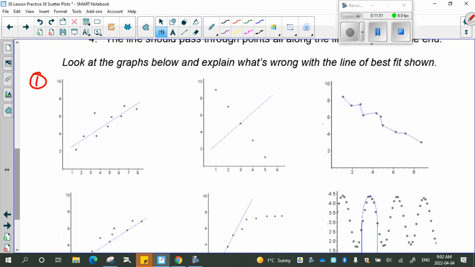In the first case. It's not touching any dots. It's not touching any dots. Okay, can someone name another thing that's wrong with it? It's not touching any of the other lines. Down here, you mean? Yeah, it's not starting anywhere. Yeah, I could agree with that. Anything else you notice?